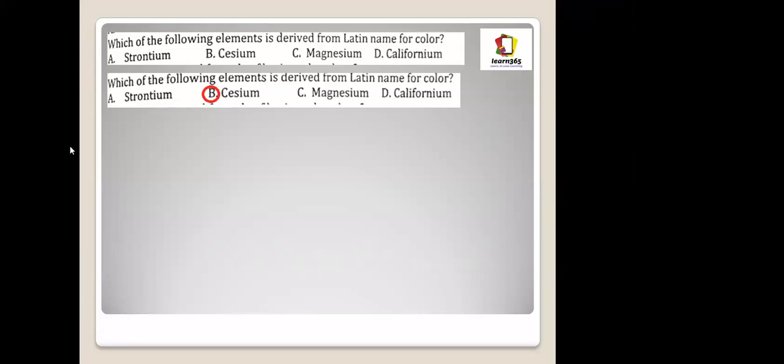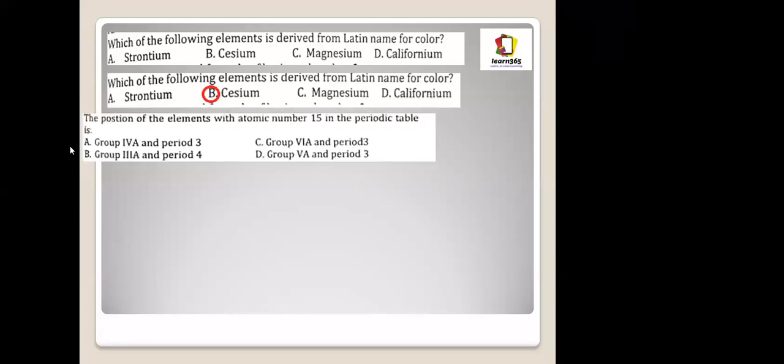Remember, SS, Scotland. Then Californium and magnesium are also from places where they were discovered, the elements, okay? So magnesium, again, a place in Asia. Californium, as you rightly said, again, is a place. But cesium is the color, okay? Blue-gray is the color. So it's derived from the Latin name for color.